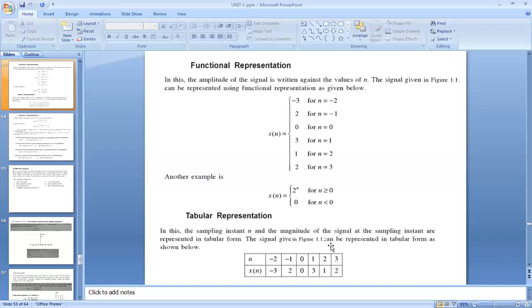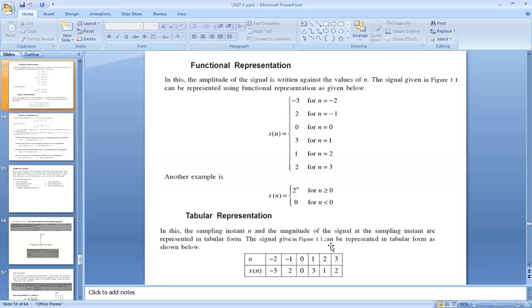In the same way, x of n will be 0 for n is equal to 0. Similarly, x of n will be 3 for n is equal to 1. X of n will be 1 for n is equal to 2. X of n will be 2 for n is equal to 3. So this is a way of functional representation.